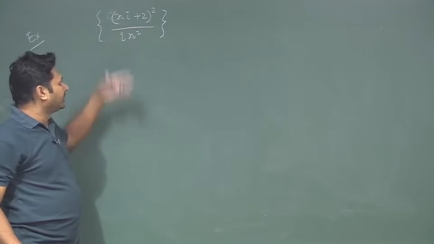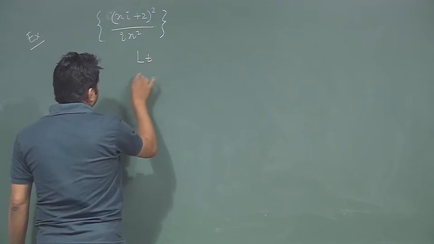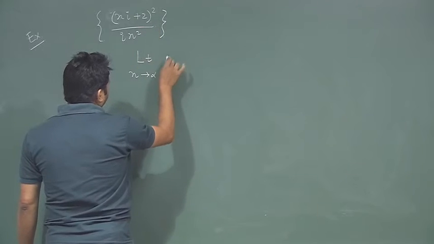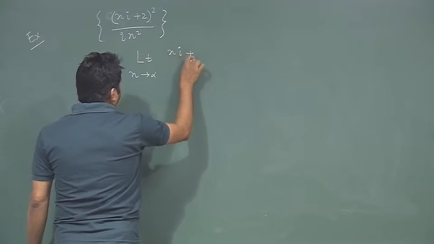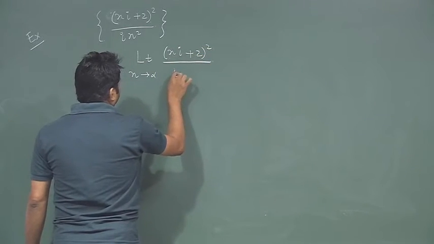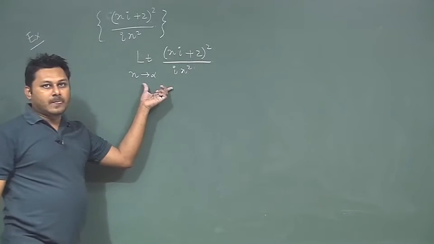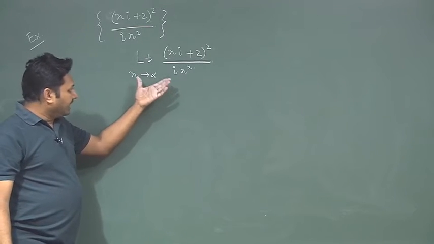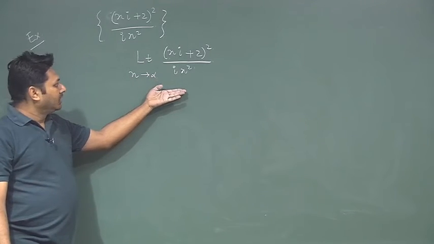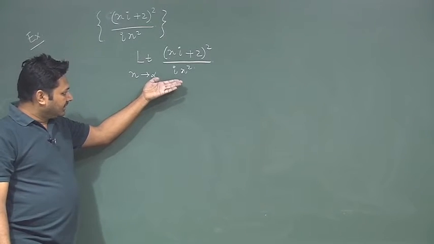That means I need to find the limit as n tends to infinity of (n i plus 2) whole square divided by i n square. If I evaluate this limit, and it gives me some value other than infinity, then I can say that this is converging.